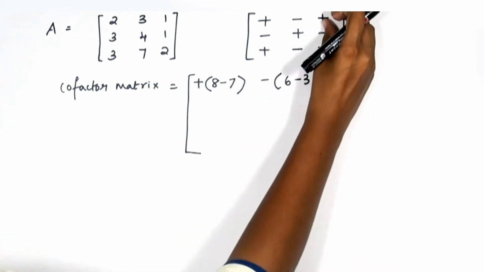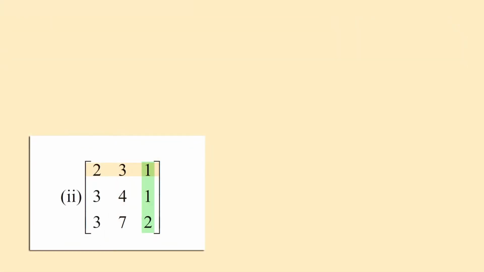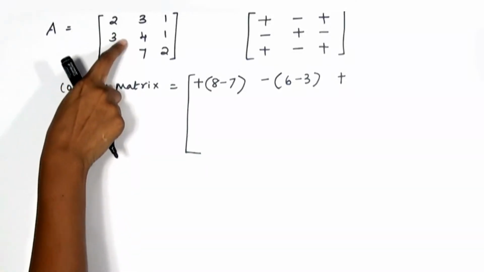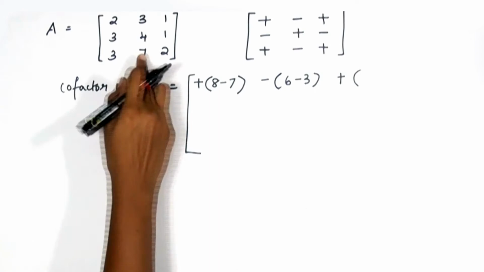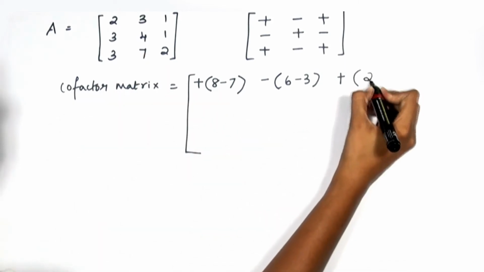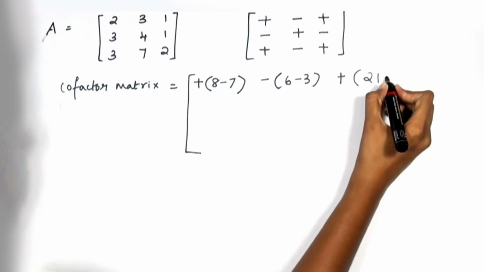Next, we'll be taking this sign plus for finding out the cofactor of 1. In this case, we'll be eliminating this row and this column. So you will have a square matrix which is this. Multiplying this diagonal, it becomes 3 into 7 is 21 minus 3 4s are 12.